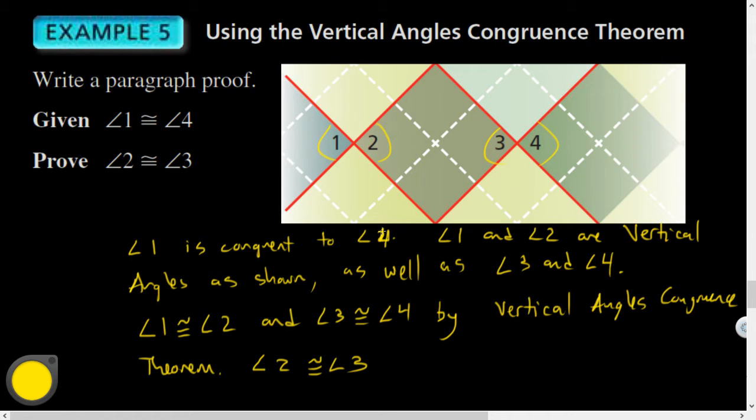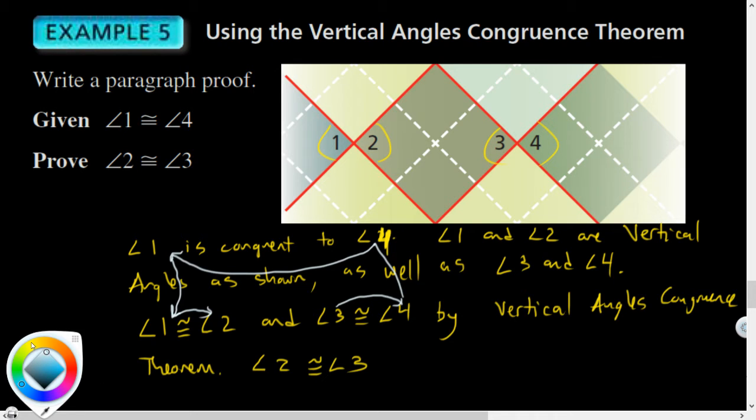Oopsies. That's a 4. See? It was a 4 the whole time. Okay, let's see if I can make this chain. Ready? All right, where do I start? Let's see. 4 is congruent to 3. Or nope, I started the wrong way. 3 is congruent to 4, which is congruent to 1, which is congruent to 2. Therefore, 3 and 2 are congruent.